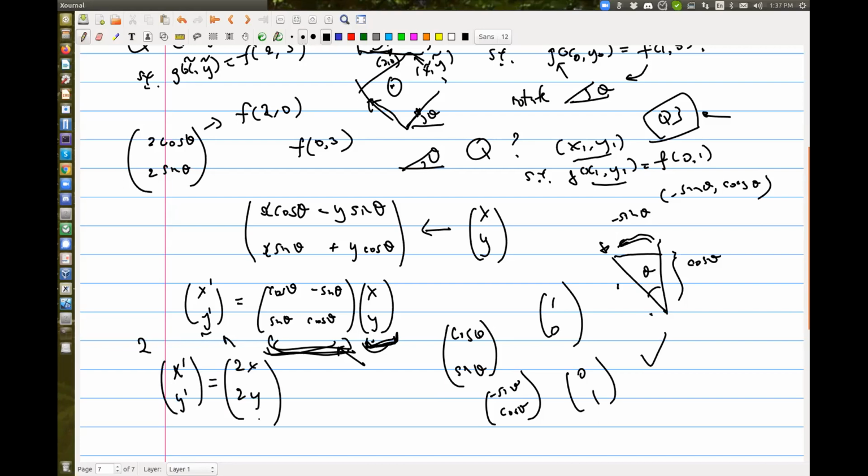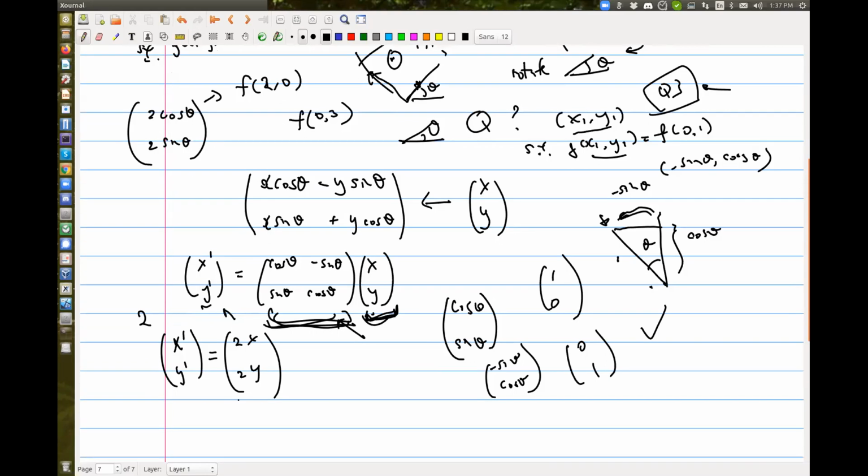Wait, actually I mixed this up. If I expand by 2, then probably say 1/2 and 1/2? Is that right? No. Actually, 2 is right. Then the new coordinate is 2x and 2y.